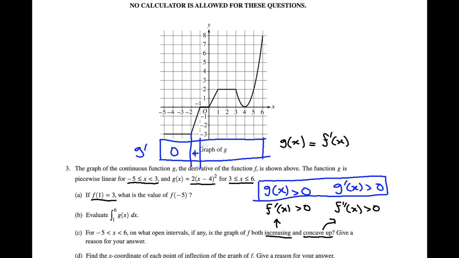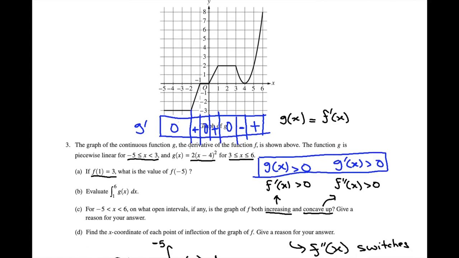On this interval from -1 to 0, it's 0. Over here, once again we're increasing. Over here we're 0, and now here we're decreasing, and now everywhere else we're increasing. So 0, increasing, 0, increasing, 0, decreasing, increasing.